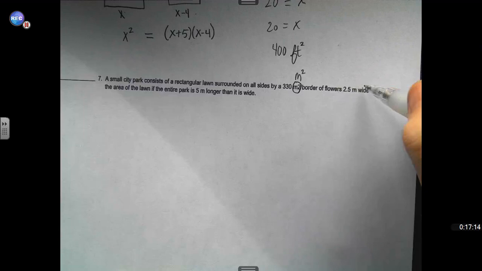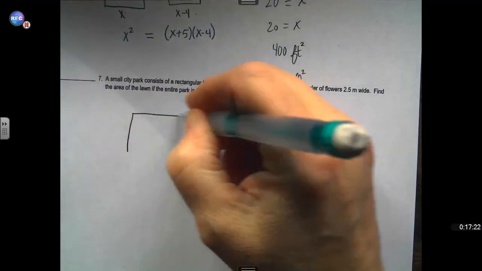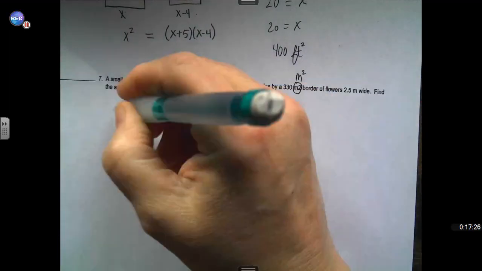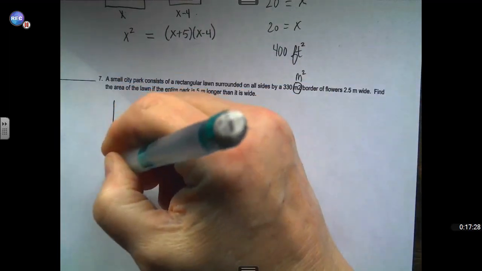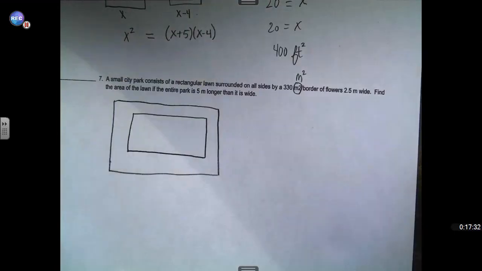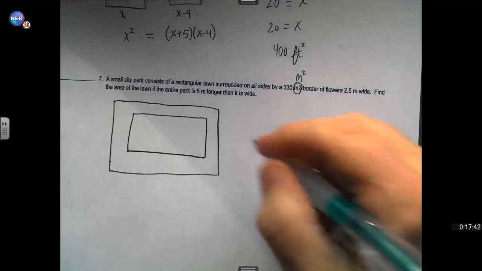Border of flowers, 2.5 meters wide. So we have a small city park of a rectangular yard that's surrounded by a border of flowers that's 2.5 meters on each side. And the entire park is 5 meters longer than it is wide.